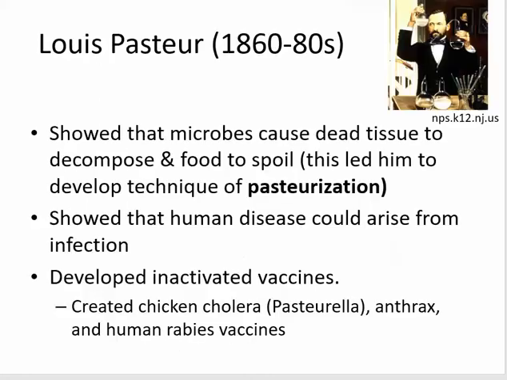Another and most famous microbiologist is Louis Pasteur. So Louis Pasteur, Frenchman, so we've got some work going on in Italy and Germany and England and France, all about the same time. They're all working on similar concepts or similar diseases, literally.